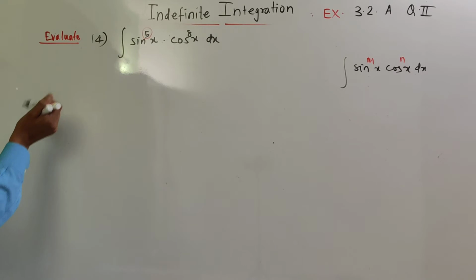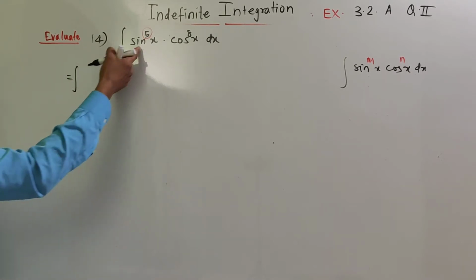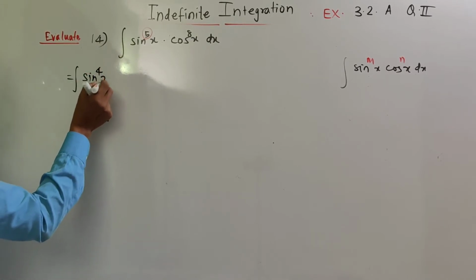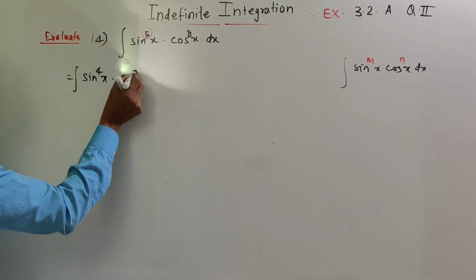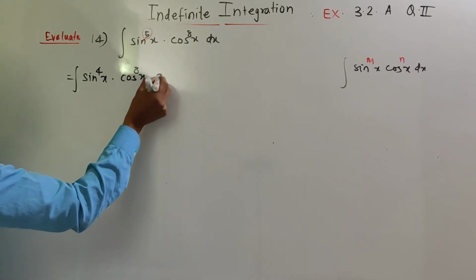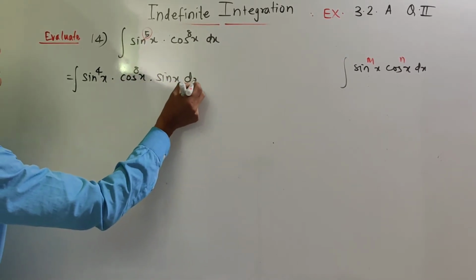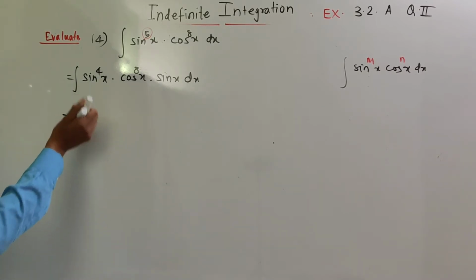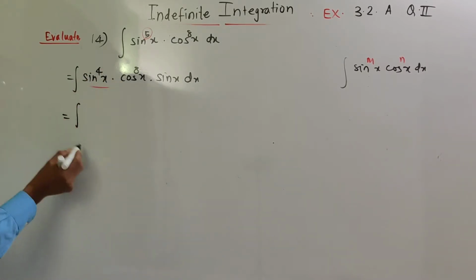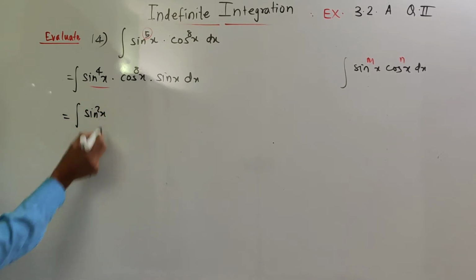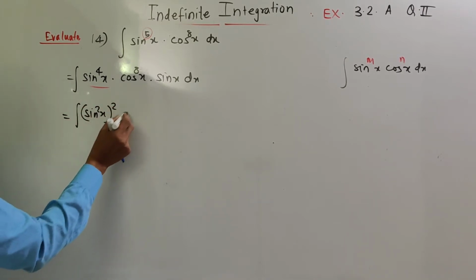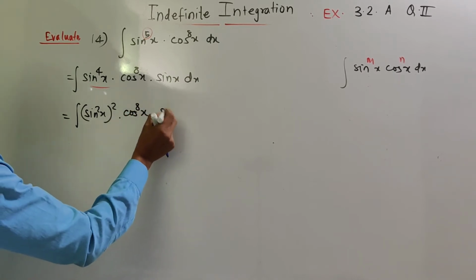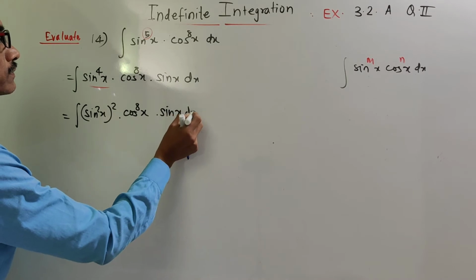So we can simplify it, just simple simplification. sin to the power 4 x we will write with cos to the power 8 x, and one sin x we keep aside, which is the derivative of minus cos x. We express this in terms of cos: sin square x whole square into cos to the power 8 x sin x dx.